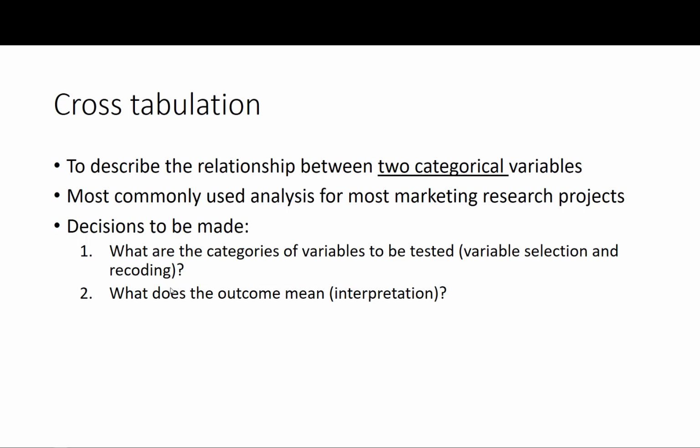It is very commonly used in marketing research projects, especially for describing relationships between demographic information and purchase or usage information. The decisions you need to make with cross-tabulation are what the categories of the variables to be tested are, variable selection and any recoding you might need to do, and what the outcome means in terms of interpretation.